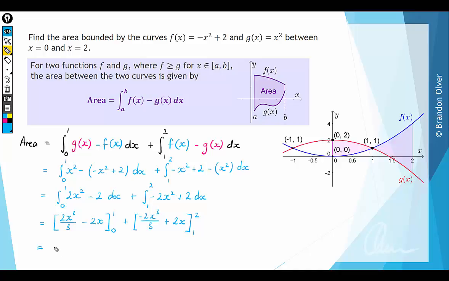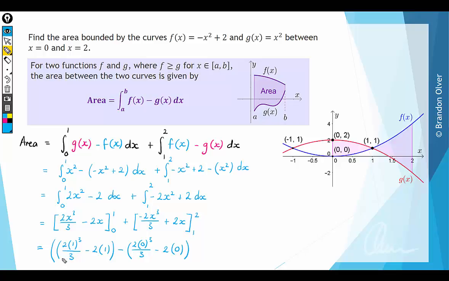And now all we need to do is sub in the terminals using our fundamental theorem of integral calculus. So for this first square bracket, we're going to have 2 times 1 to the power of 3 divided by 3, minus 2 times 1, and then we're going to subtract off from that the antiderivative with 0 substituted in, so we're going to have 2 times 0 to the power of 3 over 3, minus 2 times 0.